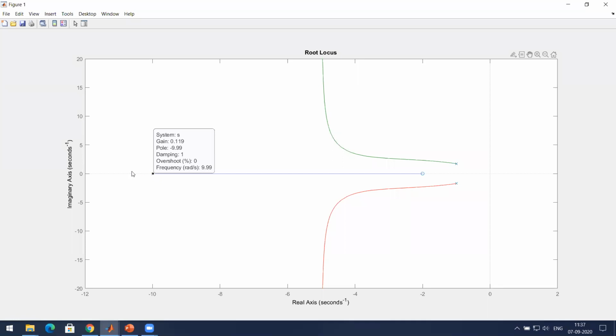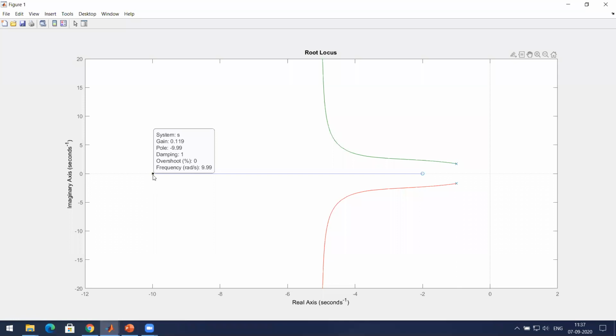The more the pole is on the left side, the less its effect on the response. Response means output, so it includes rise time, overshoot, steady state error, peak time, and settling time. The more the poles are away from the imaginary axis, the less their effect.